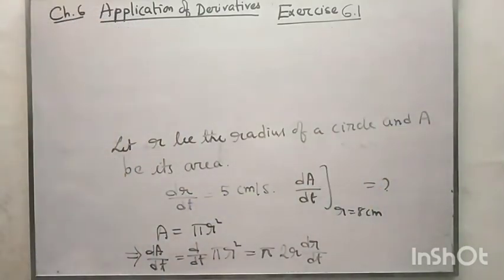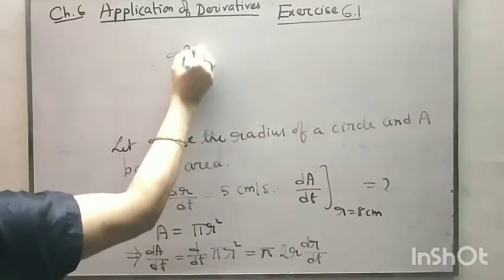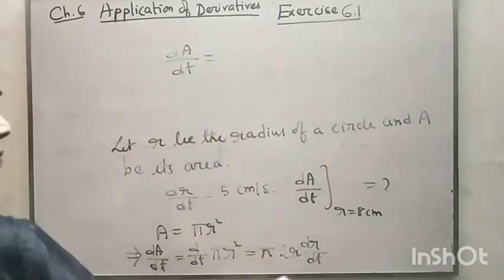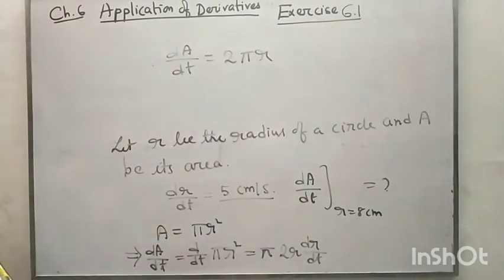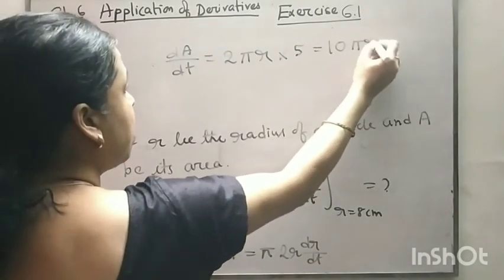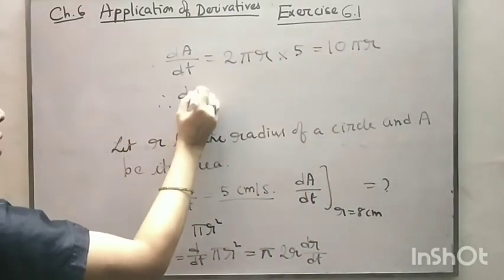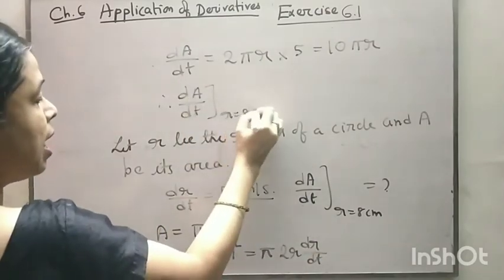So your remaining part is, let us substitute. You have got dA/dt is equal to twice pi r into dr/dt. The value of dr/dt I have got as 5, so let us substitute 5. This will become 10 pi r. But I need to get dA/dt at the instant when r is equal to 8 centimeter.